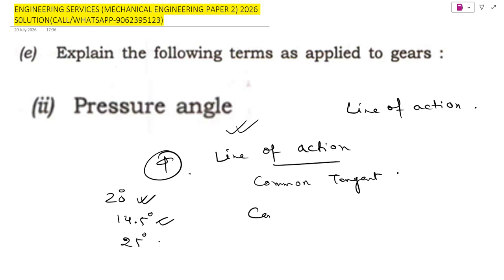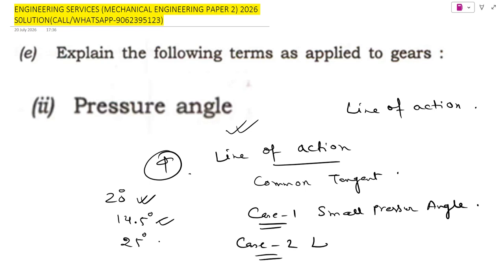Case 1, it is the small pressure angle. Advantages are smoother operation, lower radial force, less load on bearings, this type of things. Okay, and what is the disadvantage? Teeth become comparatively weaker. Okay, now case 2, that is large pressure angle.